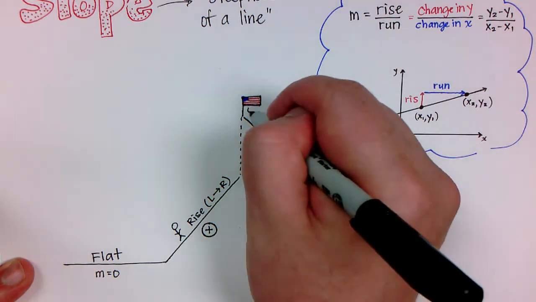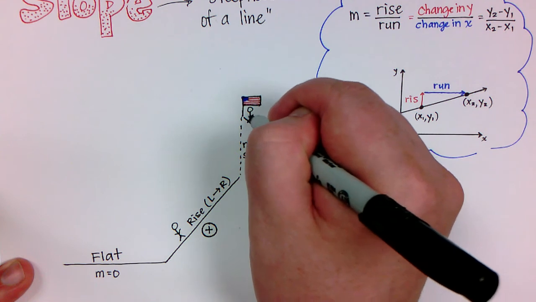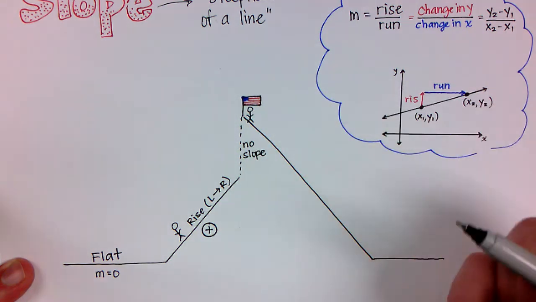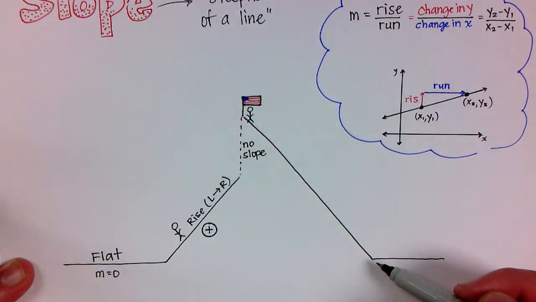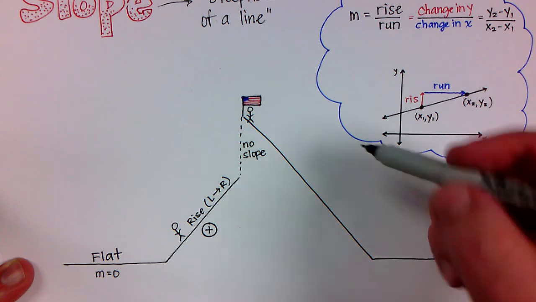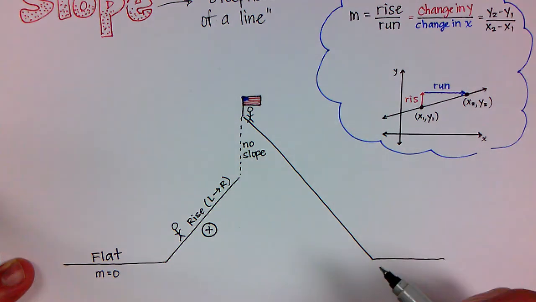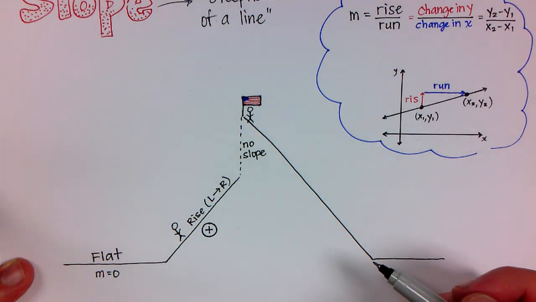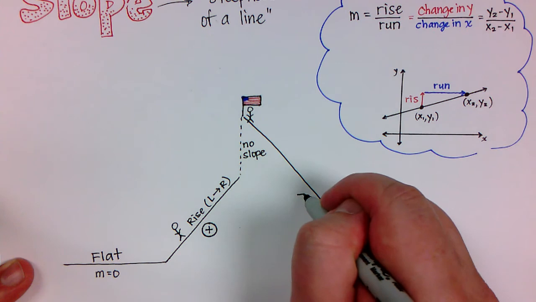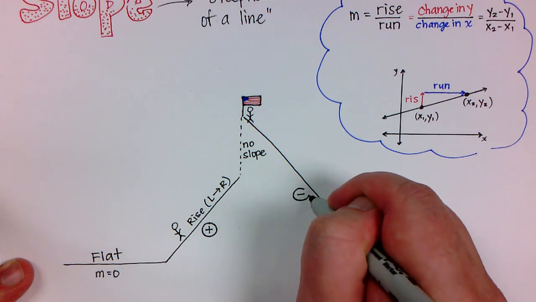So let's say I finally reach the top. There's me, woohoo, I'm all happy. And then I'm going to go down. It should be very easy for me to go down now, because as you can see, I could slide down or I could fall down the rest of the mountain to get to the other side. And this is going to be a negative slope.